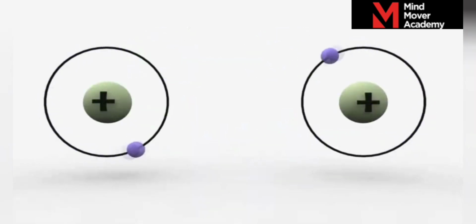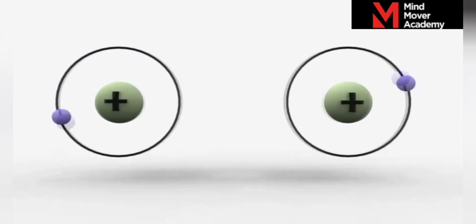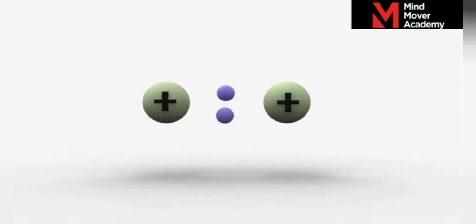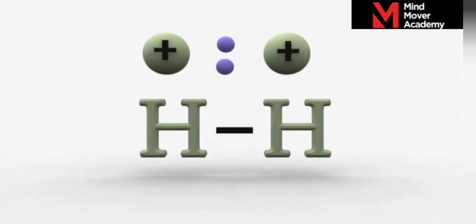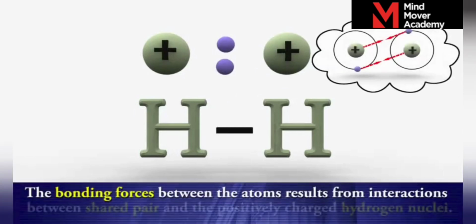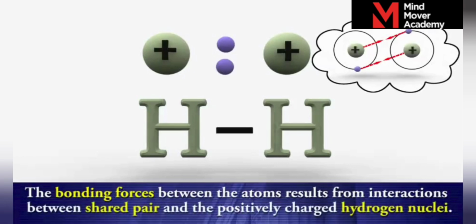For example, when 2 hydrogen atoms move towards each other, their outer electrons start to get attracted by the nuclei of each other. As you can see, the electron density shifts towards the center between the 2 nuclei. Hence, the covalent bond is formed. The bonding forces between the atoms result from interactions between the shared pair and the positively charged hydrogen nuclei.